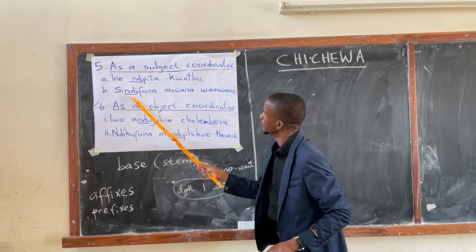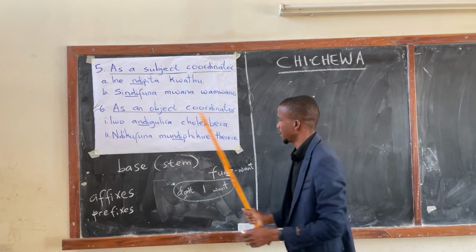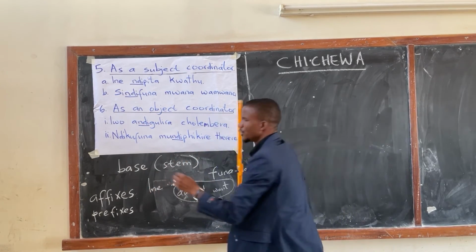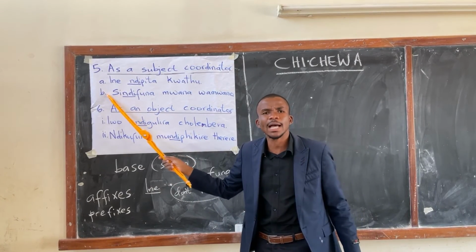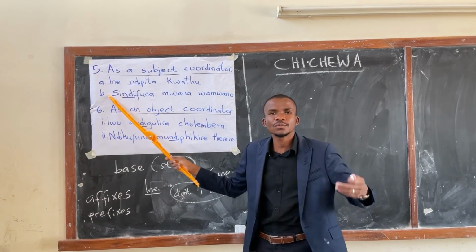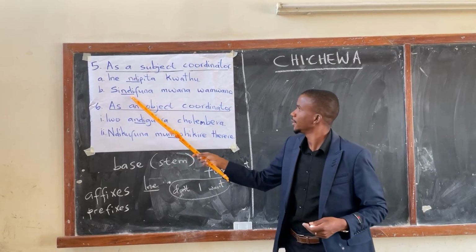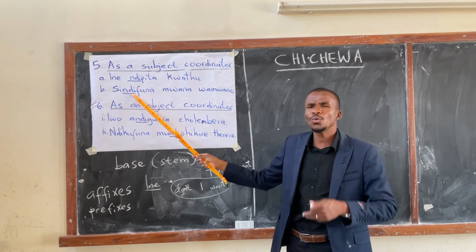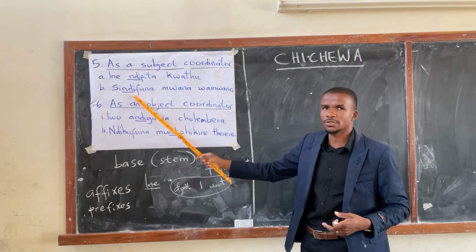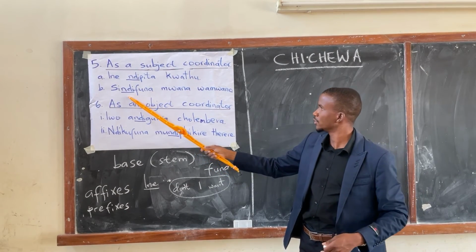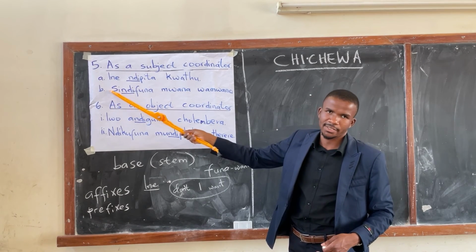So, ndi, that's why in this sentence we don't have I like ine. We don't have this word ine written here because Chichewa allows us to use verbs, and this word ndi, which is the subject coordinator, will give a Chichewa speaker the sense that, oh, it's talking about I, because ndi refers back to ine, which has not been written here.